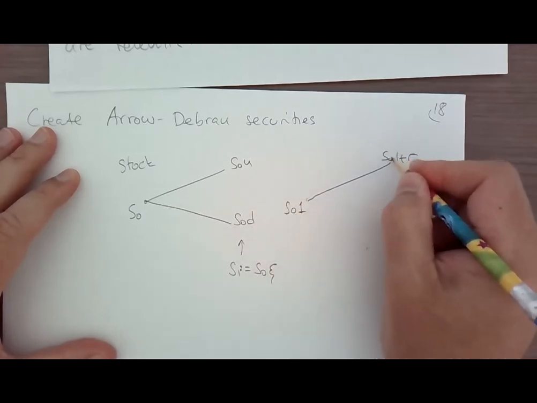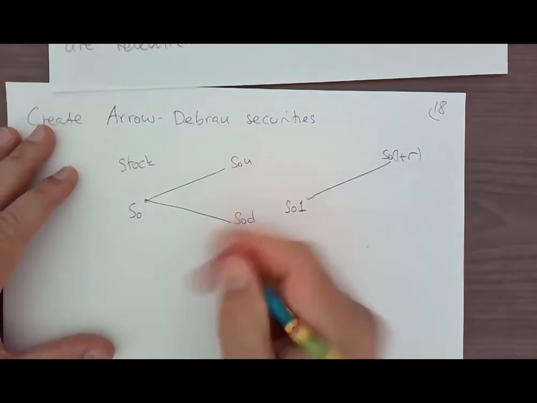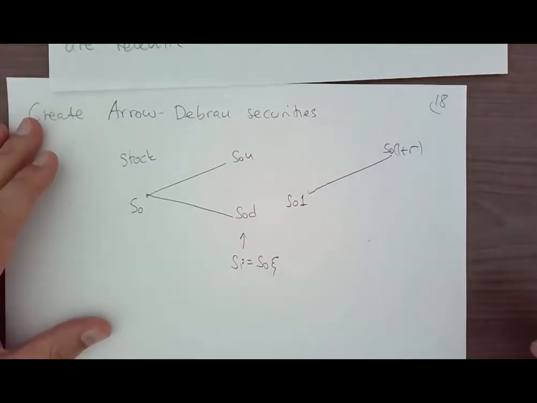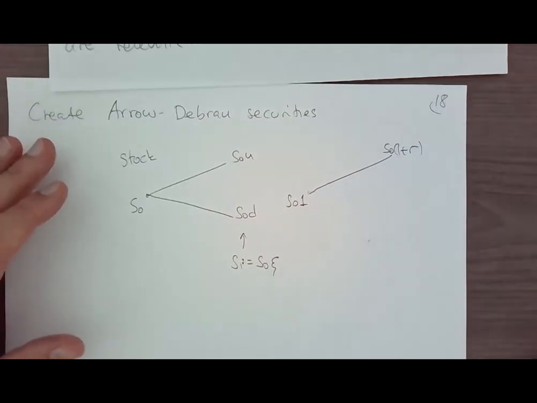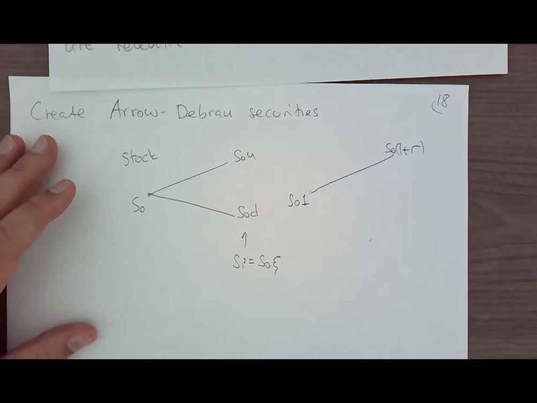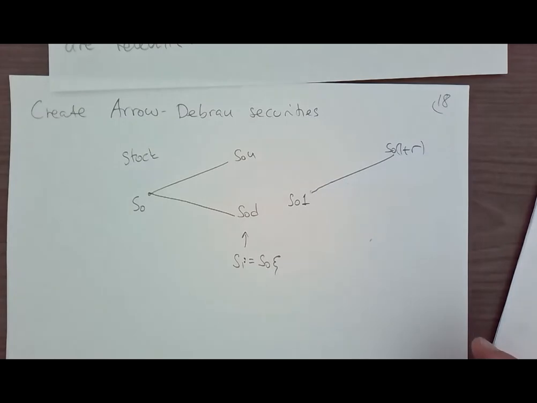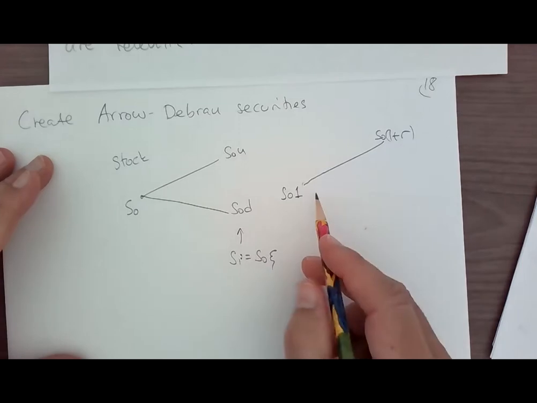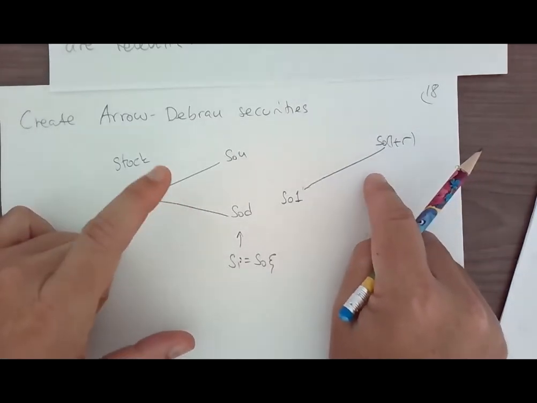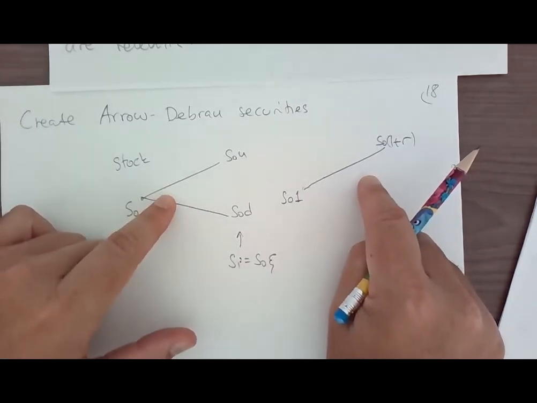I'm going to multiply here by S0, and here by S0. And then I'm going to divide the left-hand side by the right-hand side.